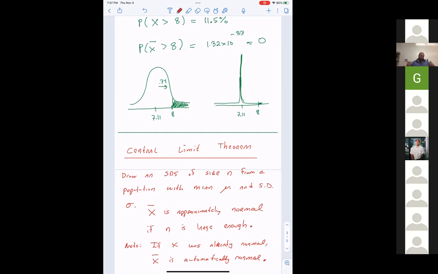But as we saw, even for 10, it can look normal. So if you're ever out there in the world and you have to worry about using the central limit theorem to make sure that it's normal, you might want to make sure of it if you're going to have a smaller sample size. But once you hit 30 or so, usually you're good to go. Some books that I've seen use 40, but certainly by 40, you can assume it's normal. And because it's normal, I can use a normal CDF. See, if it's not normal, I can't use normal CDF.